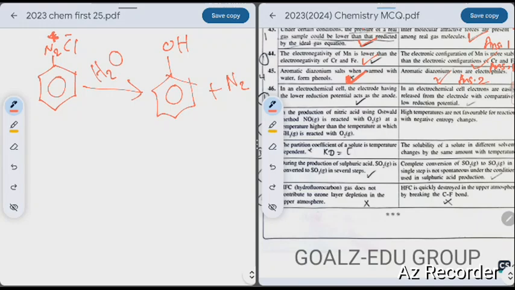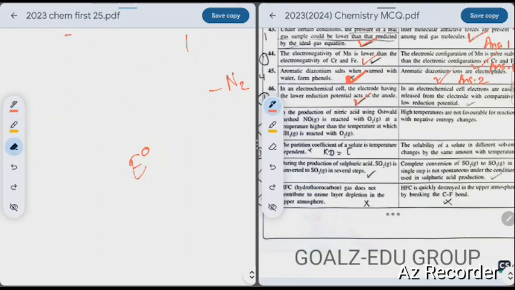46th question. In an electrochemical cell, the electrode having the lower reduction potential acts as the anode. Yes, that is correct. Because we know that we have to consider the E0 values in order to find the anode and the cathode, right? We have to consider these electrode potential values.